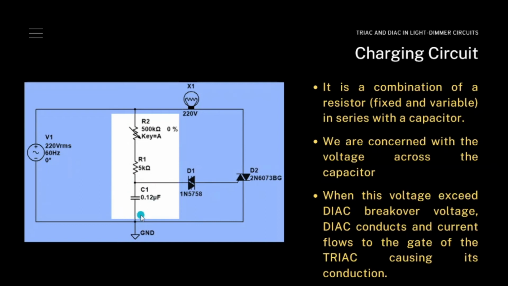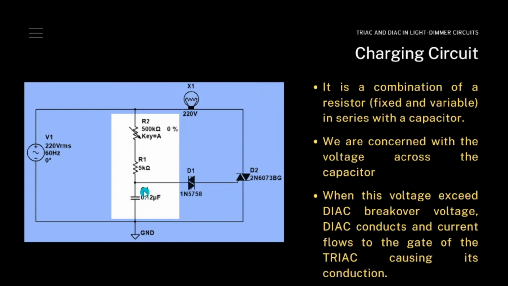As we have already discussed in Electro 1, capacitors are able to store charges, and these stored charges will be creating an electric field, thereby creating a voltage. Itong voltage na mabubuo dito will be instrumental in the breakover of our DIAC.